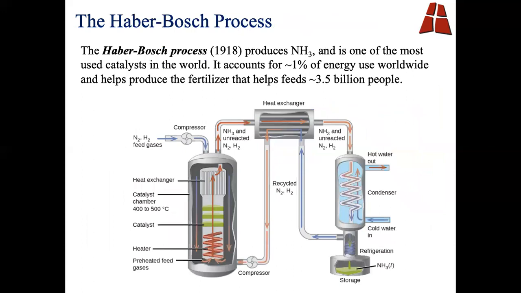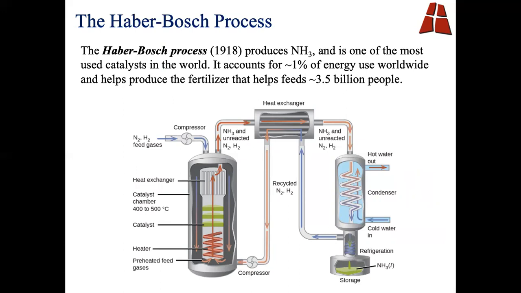One reason this might be important is something called the Haber-Bosch process. Just to tie in an application here, this is what a Haber-Bosch reactor looks like. It was first invented in 1918, and it's actually the most used catalyst in the world, and 1% of the global energy every year goes to this process.